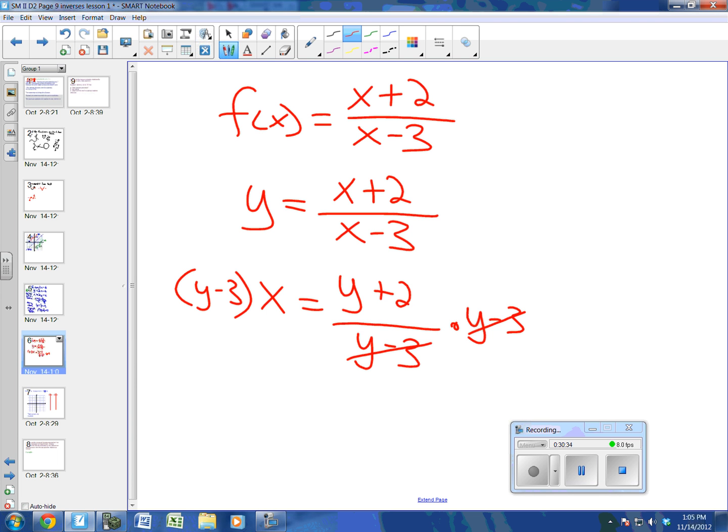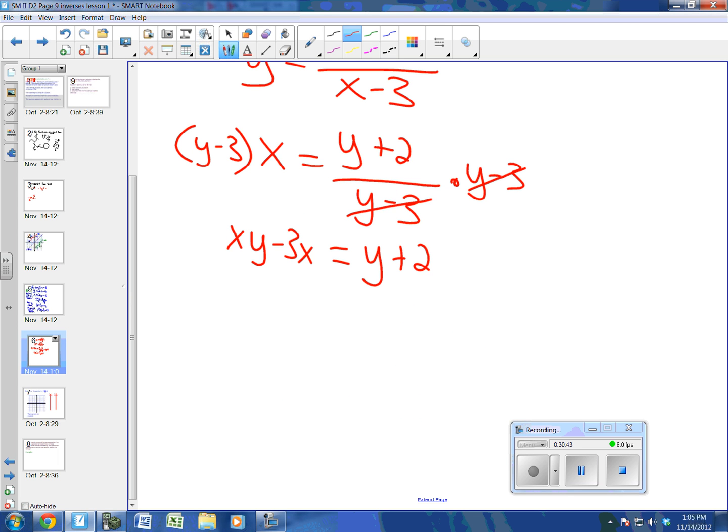Times both sides by y minus 3. We're going to get y plus 2. We need to get the x and the y on the same side. So we are going to minus this y from both sides and add the 3x to both sides. So now we have xy minus y equals 3x plus 2.